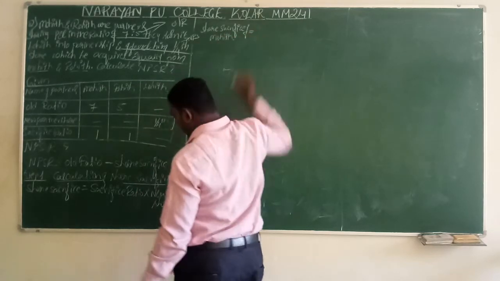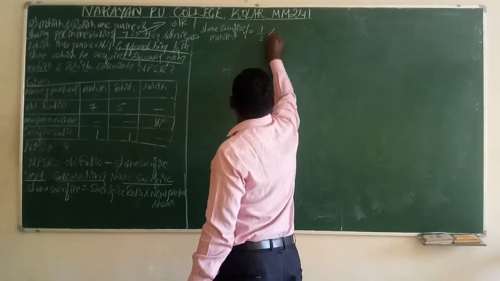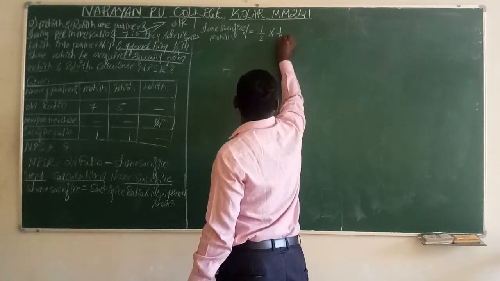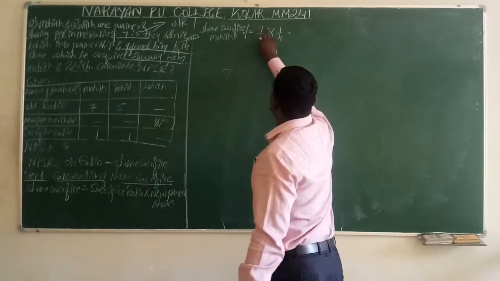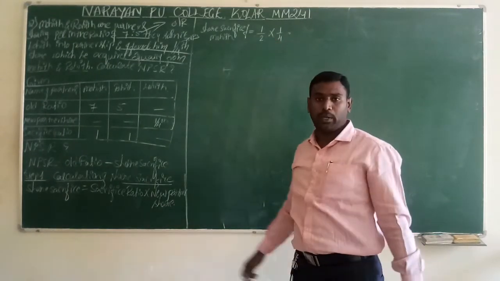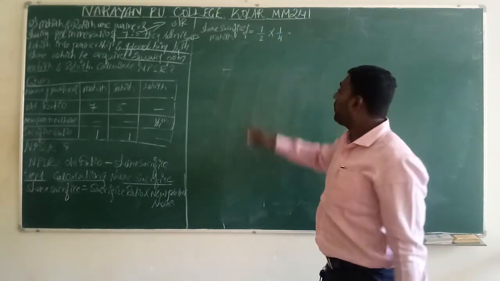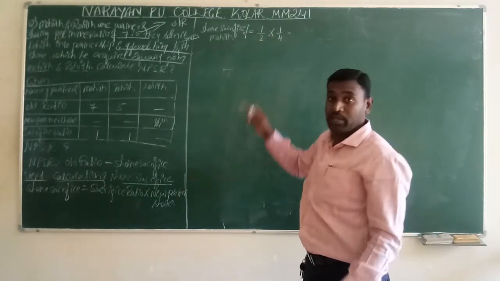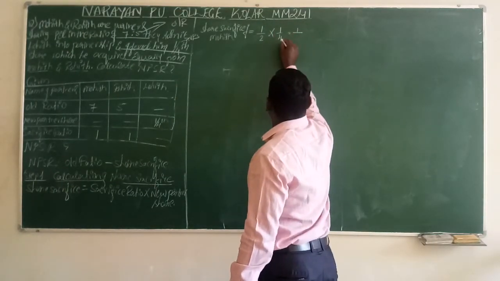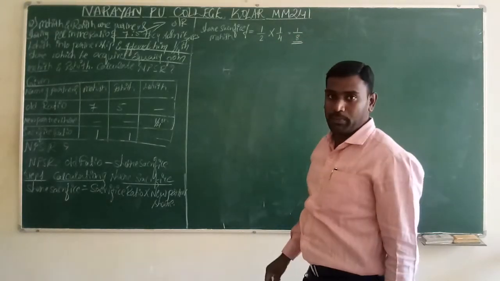Sacrifice ratio is 1/2 into new partner share 1/4. In the middle of both the fractions, a multiplication symbol is there, so we should multiply numerator to numerator and denominator to denominator. If an addition or subtraction symbol is there, we make them cross multiplication. 1 1s are 1, 4 2s are 8. First partner's share sacrifice is 1/8.